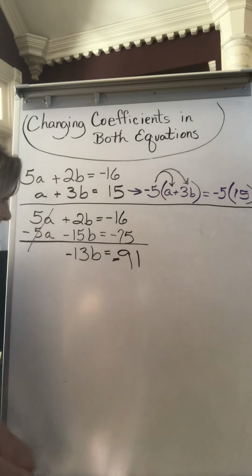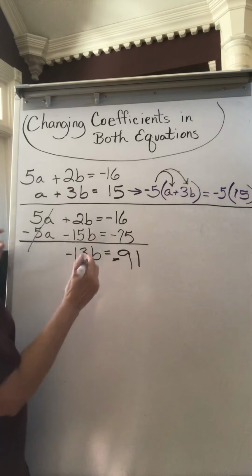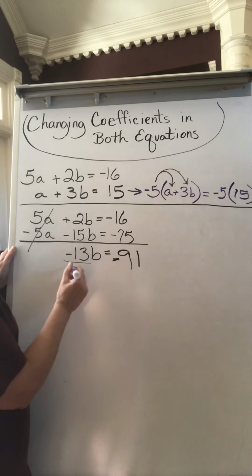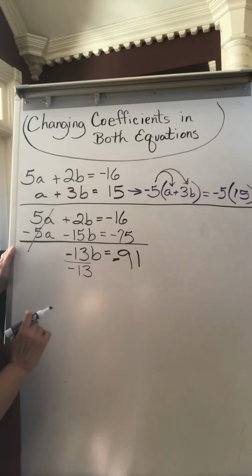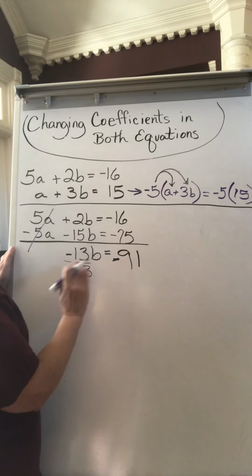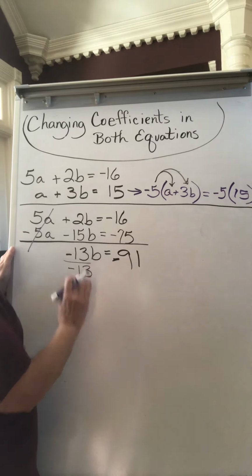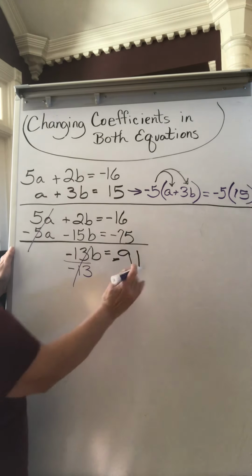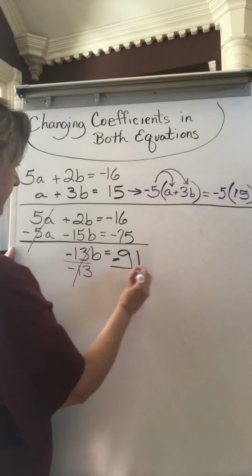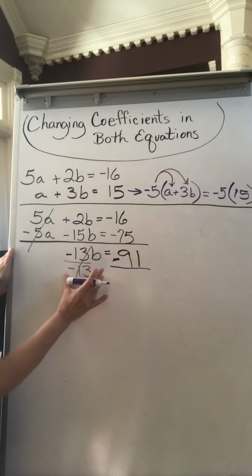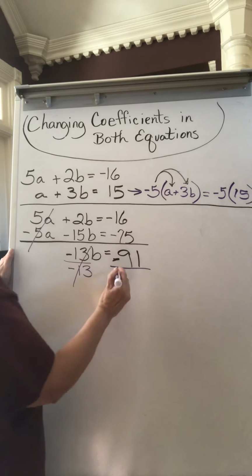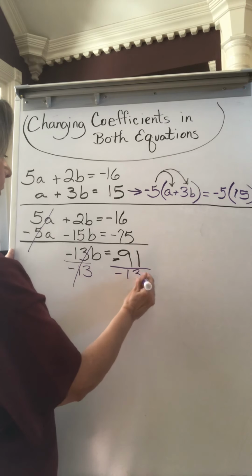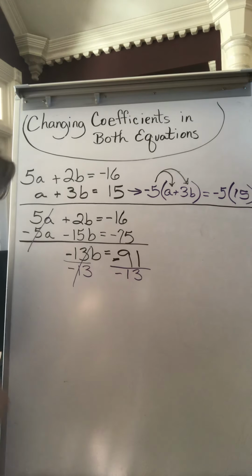Okay, last step here. Divide each side by -13, because -13 is related to the variable b by multiplying. The opposite of multiply is to divide. Now I can cancel it out. Go to the other side, because anything I do on one side of the equal sign, I must also do on the other side of the equal sign.